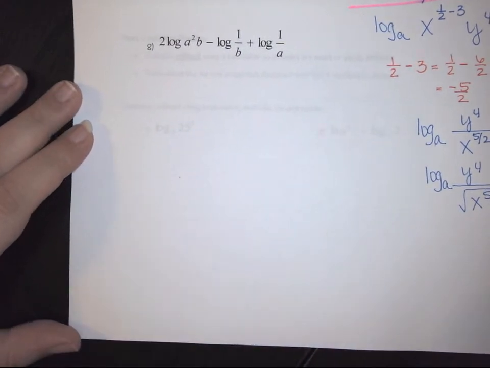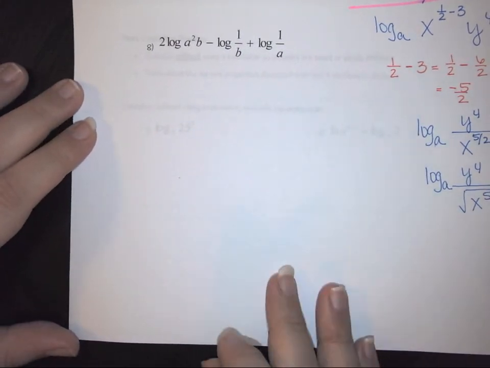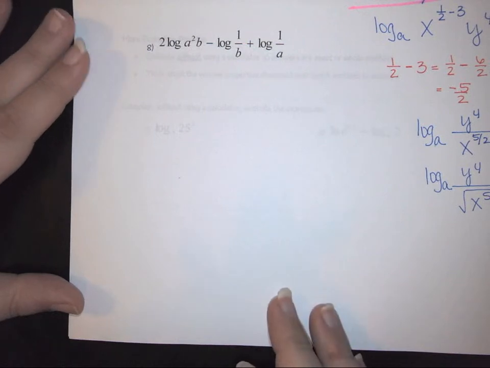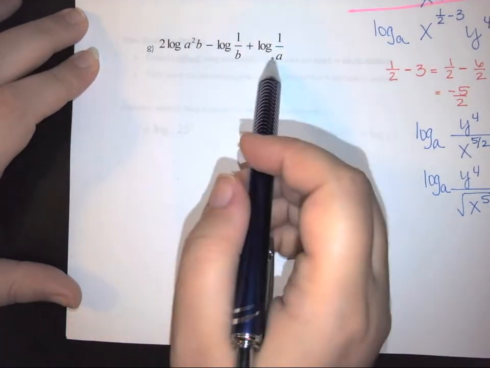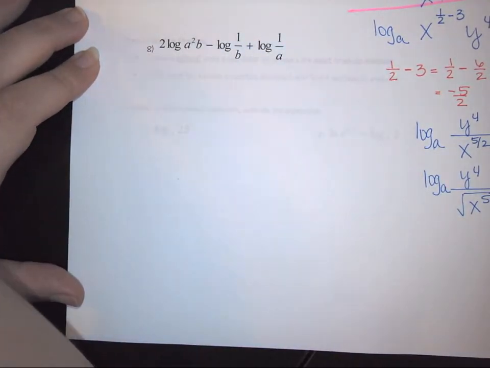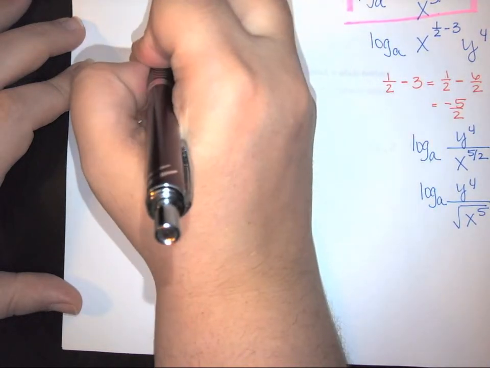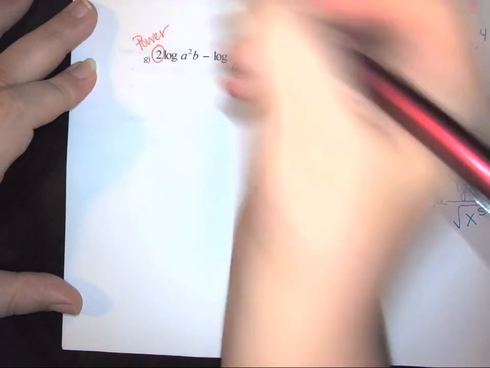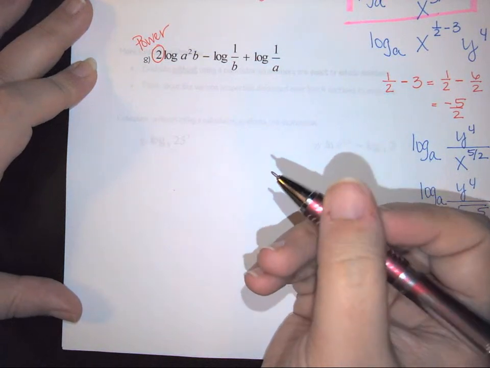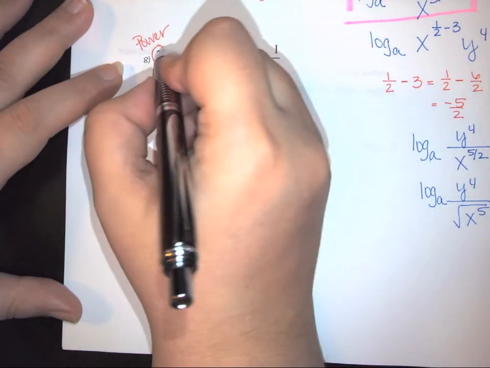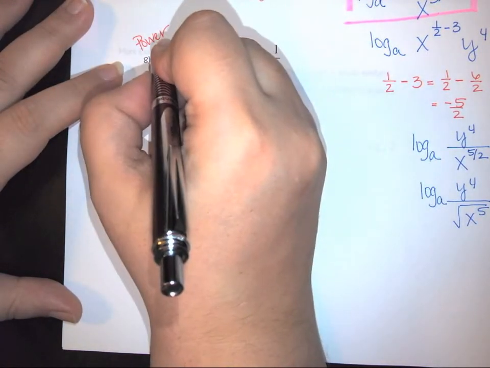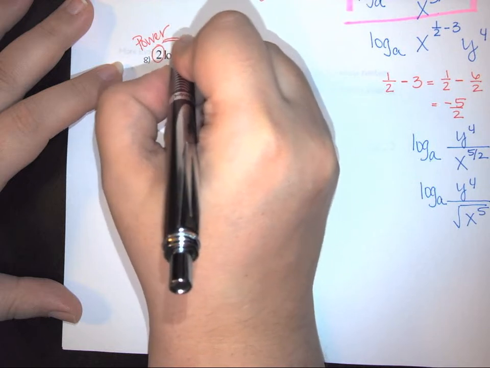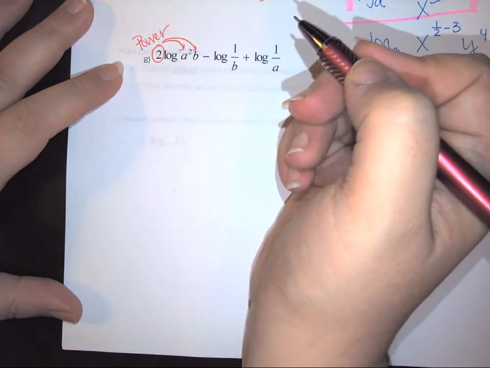Now, for this one, again, we have to kind of start from the outside in. So if we look at it, first things first, we have a power rule. So this one is power. And your power rule in this case is being applied to both of these two pieces.